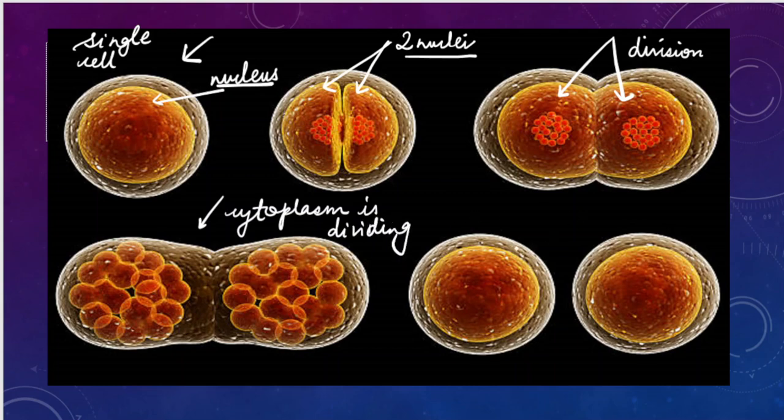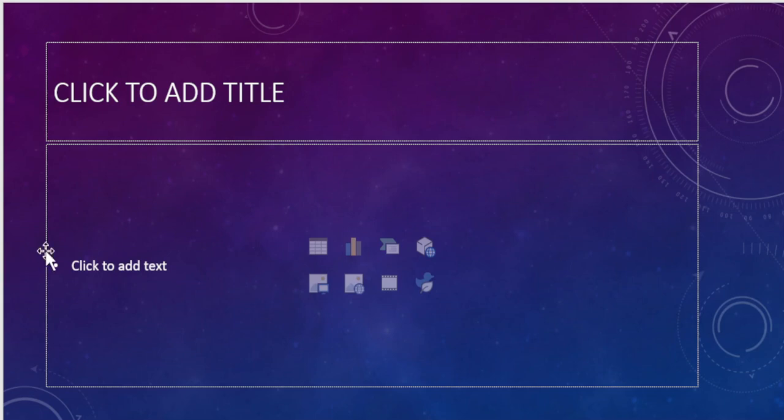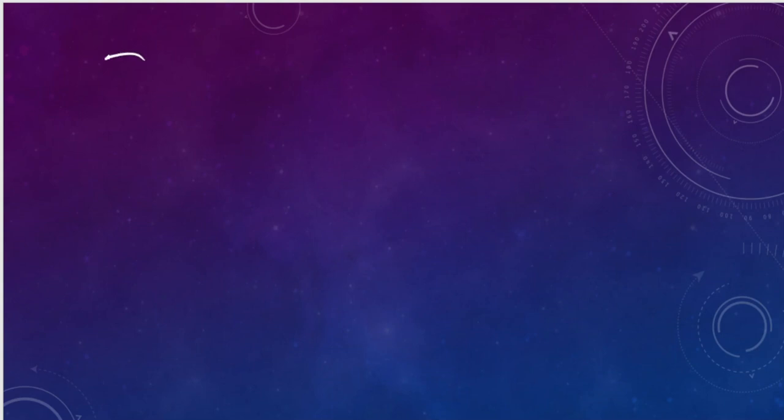Then you can see there is a formation of two cells. Cell division means one cell is dividing itself to form two cells. If I want to show it in a drawing, there was one cell, and the cell has a nucleus.